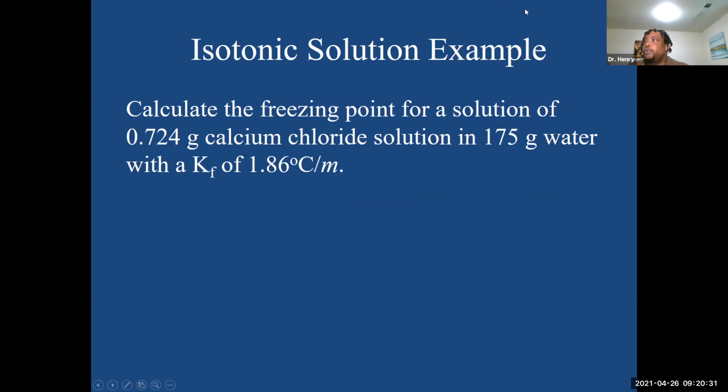So calculate the freezing point for a solution of 0.724 grams of calcium chloride in 175 grams of water, with the Kf of 1.86 degrees C per molal.